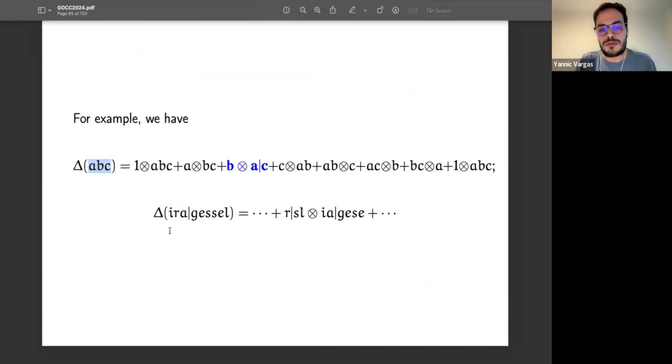It's a non-empty word, and this is a word on words, or a phrase. Sometimes I like to call it a phrase. This phrase has two letters, this word Ira and this Gessel. The coproduct on a word is just you select a subset of letters and you put them in the same order.